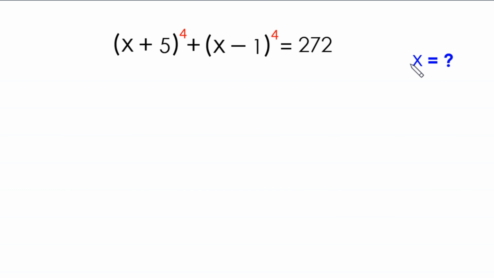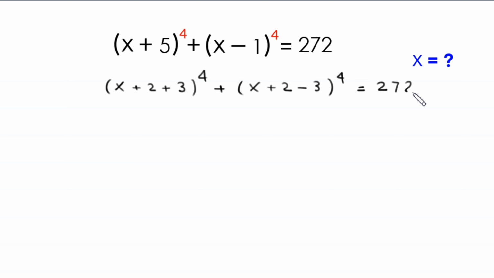So let's start. This x + 5 can be written as (x + 2 + 3)^4, plus this x - 1 can be written as (x + 2 - 3)^4, is equal to 272.